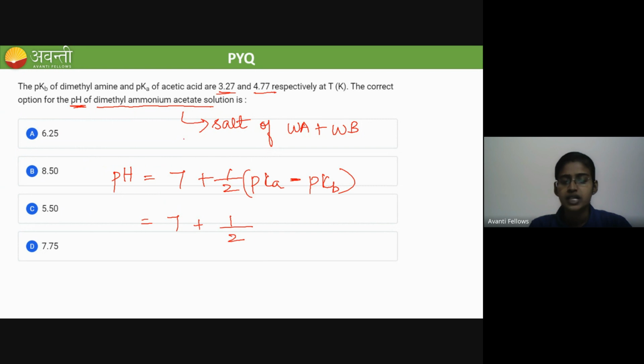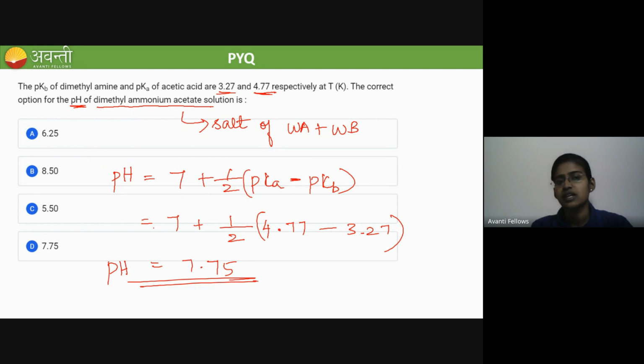What is pKa? pKa is for acid. It is 4.77 and pKb, for base, it is 3.27. And if we solve this, we will get 7.75 as the pH value for the given solution. Okay. So which option is correct? Option D is the correct answer. Clear for all?